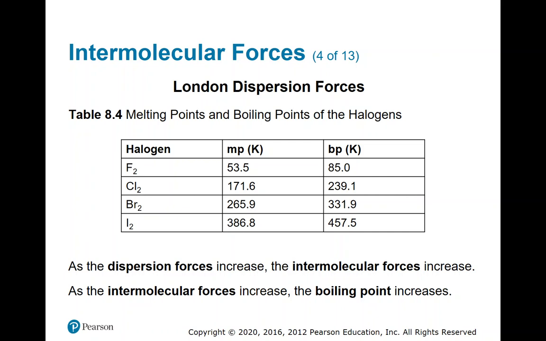So, for instance, if you look at the melting and boiling points for fluorine in this table, those are a lot lower than they are for any of the other halogens, because fluorine, being small and light compared to the other molecules, has lower London dispersion forces and therefore lower intermolecular forces. And as we go to larger and larger halogens, you can see both the melting and boiling points increase as we get to the larger and larger ones.